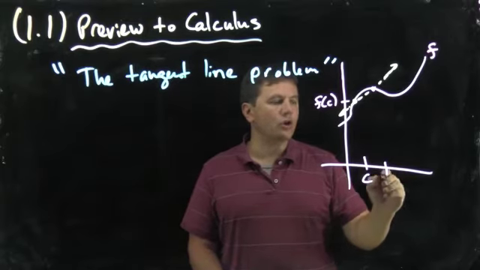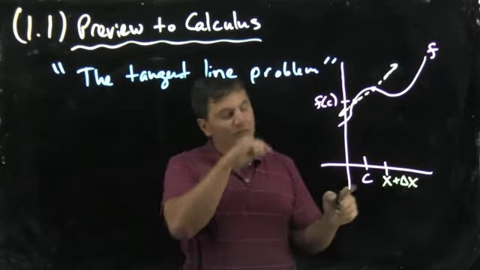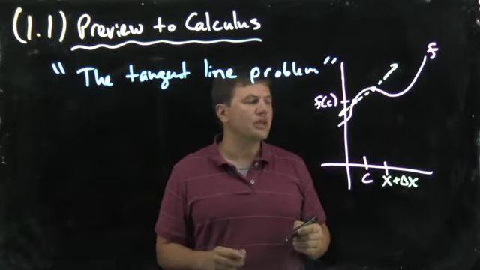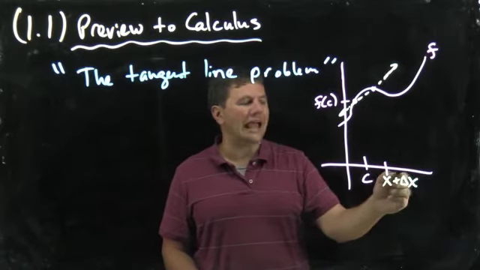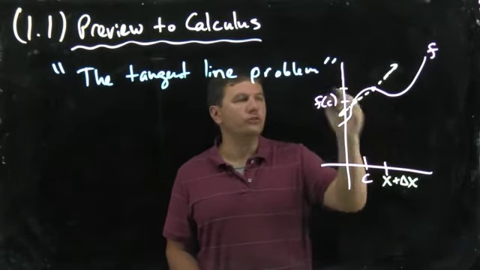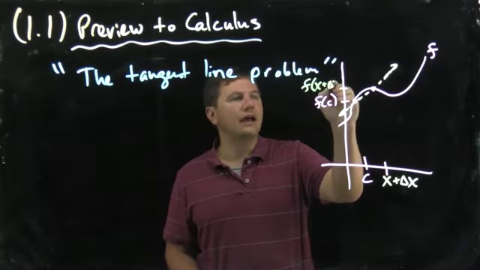So this right here we're going to call x plus delta x. Some books will use x plus h instead of delta x, because delta x does get a little cumbersome. Just know that that means the same thing. Our books use delta x. So this would be f of x plus delta x.